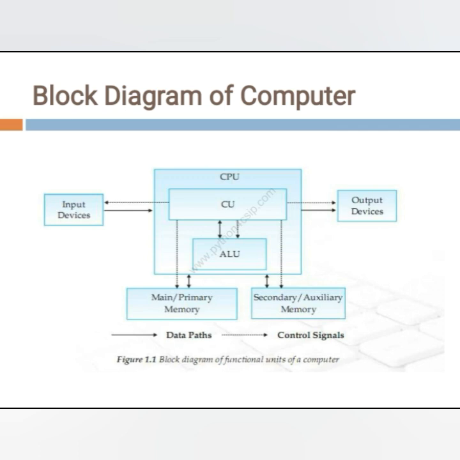And the CPU consists of CU and ALU. CU is the control unit, ALU is arithmetic and logic unit. The CU and ALU are directly connected with the computer memory too.